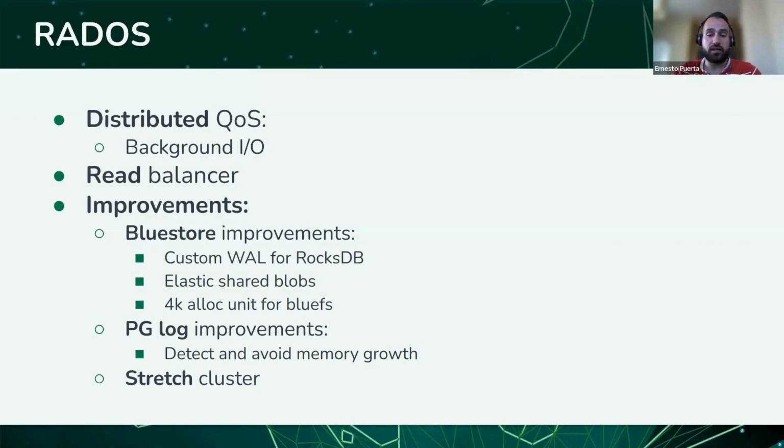Operations like scrubbing, recovery, and backfilling will benefit from this, and will be better coordinated with client IO. There is now a read balancer, which improves the distribution of data for reads.